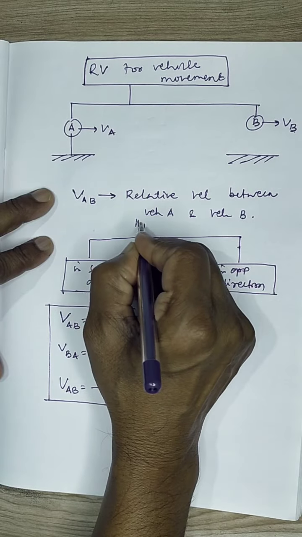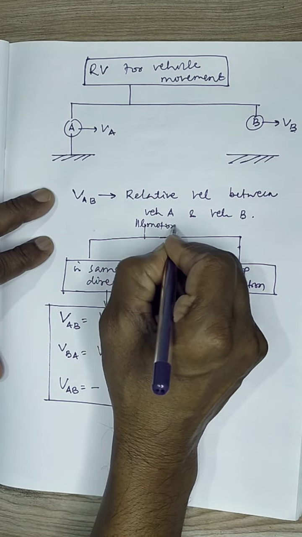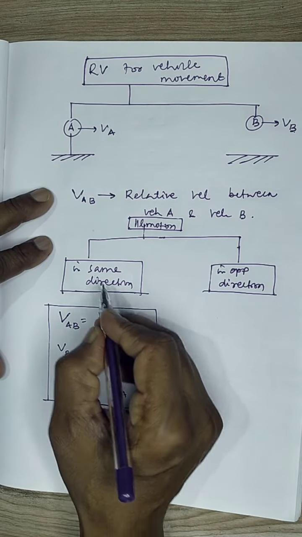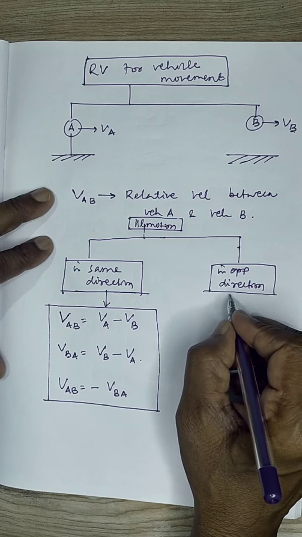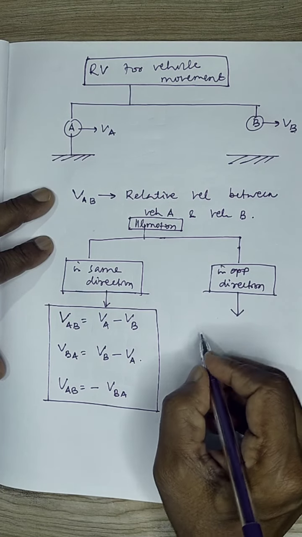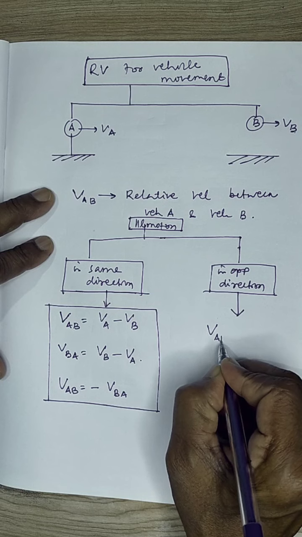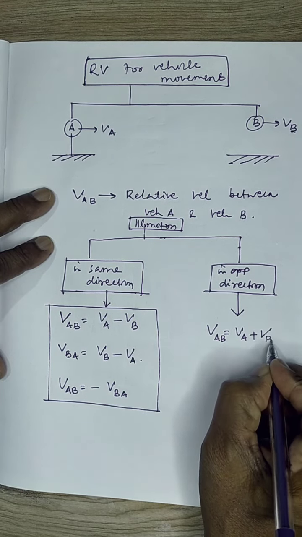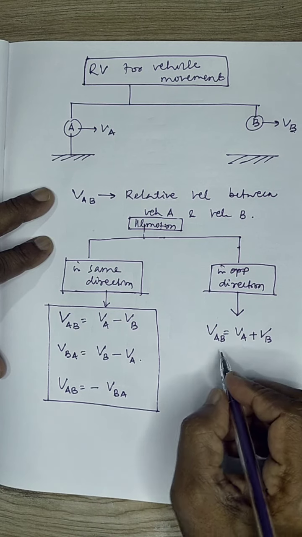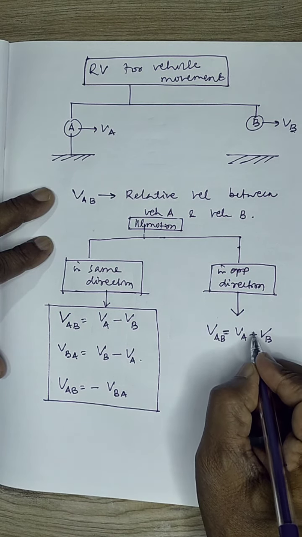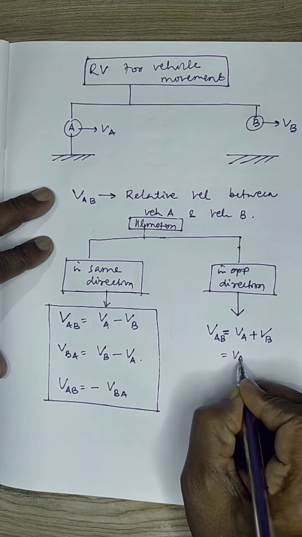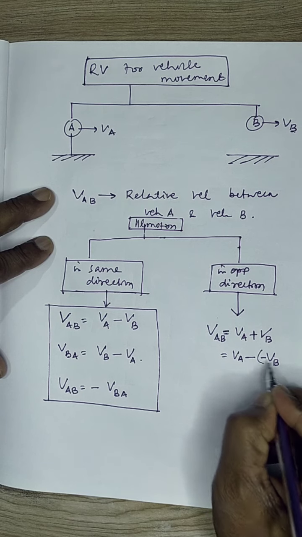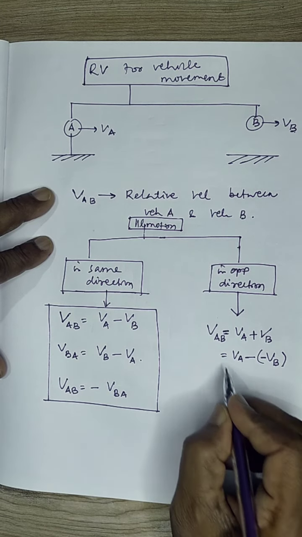This is a case of parallel motion, and it can be both vehicles in the same direction or both vehicles in opposite directions. If they are moving in opposite directions, VAB will be VA plus VB, because it is a difference between the two, VA minus VB, but the direction of VB will be opposite to VA.